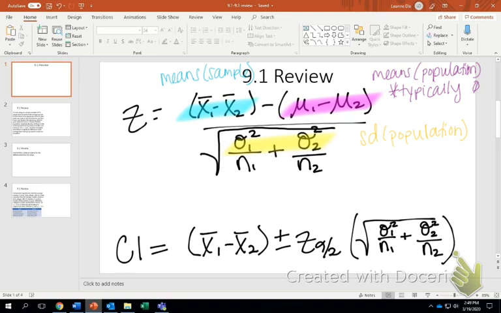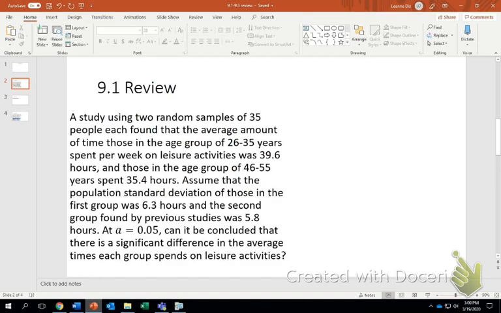So let's look at a quick example. Here's an example that we've actually done before. It says a study using 2 random samples of 35 people each found the average amount of time those in the age group of 26 to 35 years spent per week on leisure activities was 39.6 hours, and those in the age group above them, 46 to 55, spent on average 35.4 hours.